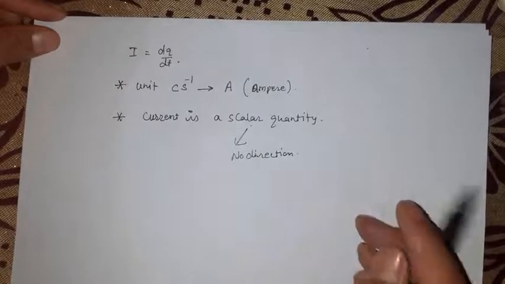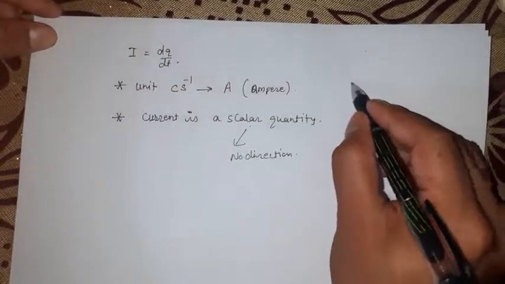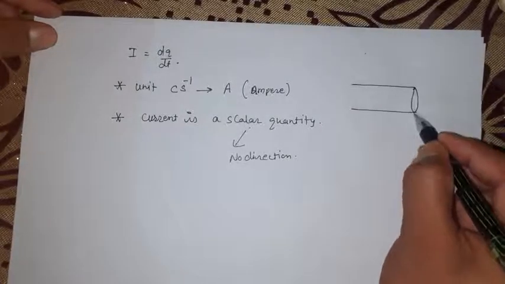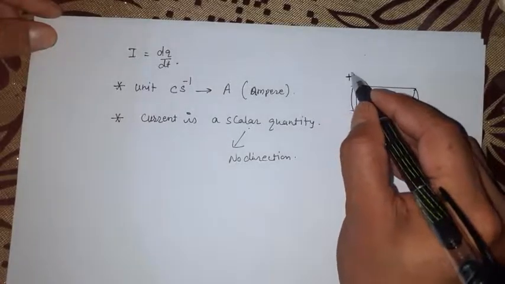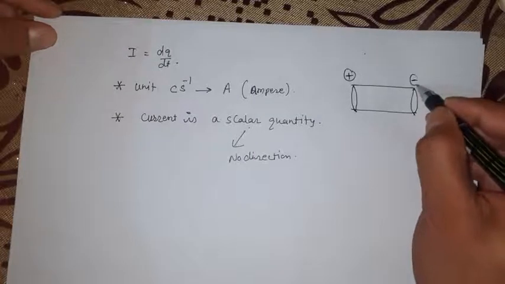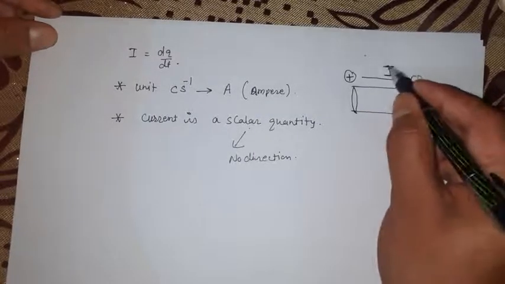But whenever there is a flow of current, we say that it is always from high potential, where there is more positive charge, to low potential. So current always flows from high potential to low potential.